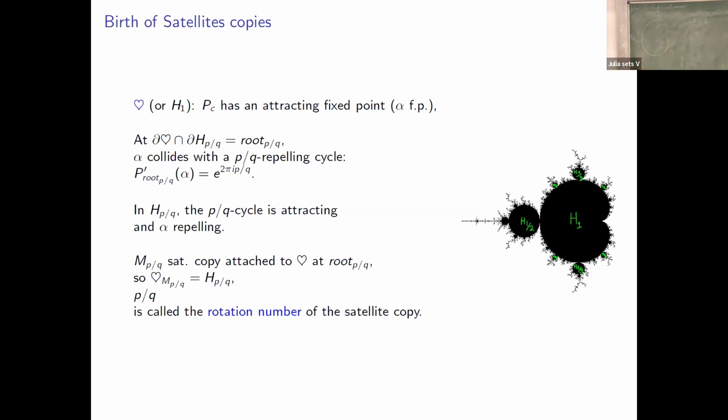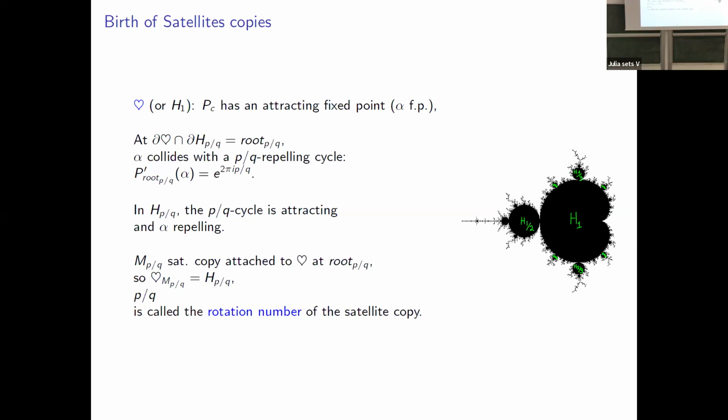If I go here downstairs, everybody has a periodic cycle of period 3, but it skips the next one and goes to the one after.